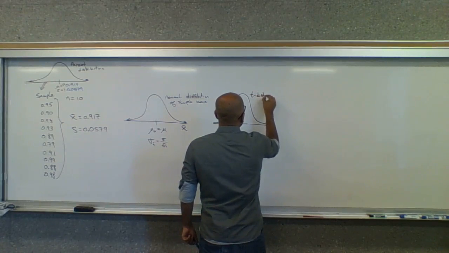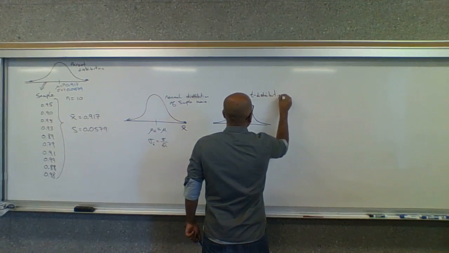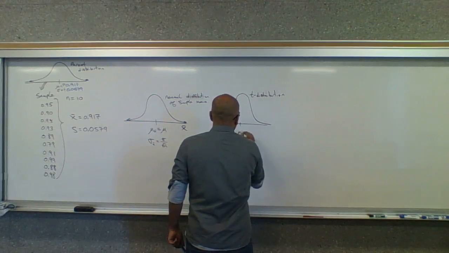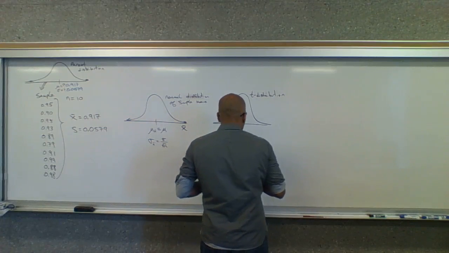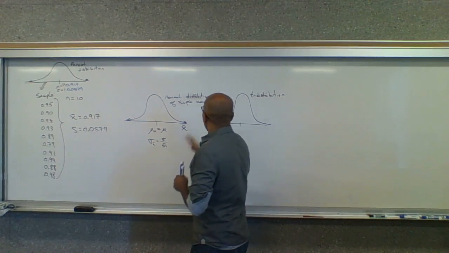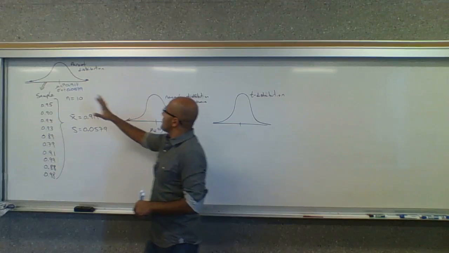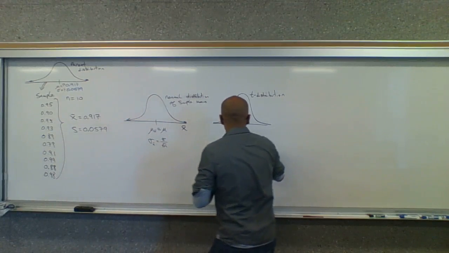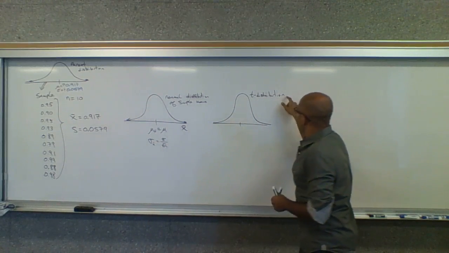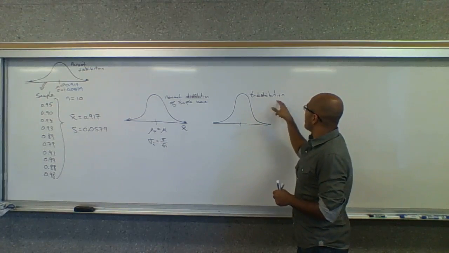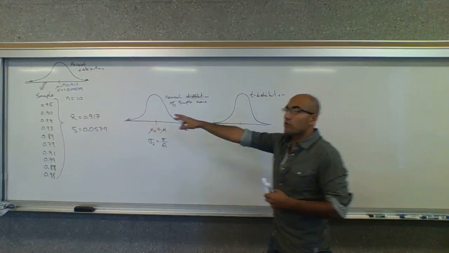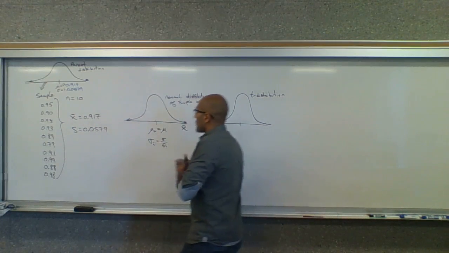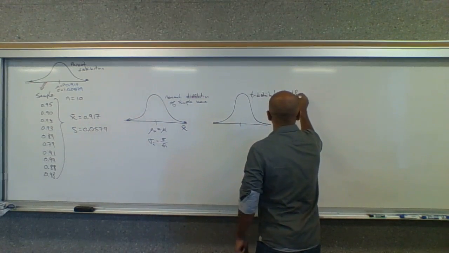It'll have its own mean and standard deviation, but the actual shape of the distribution will be a function of n. It'll depend on n. And so it'll have 9 degrees of freedom. Degrees of freedom equals 9.